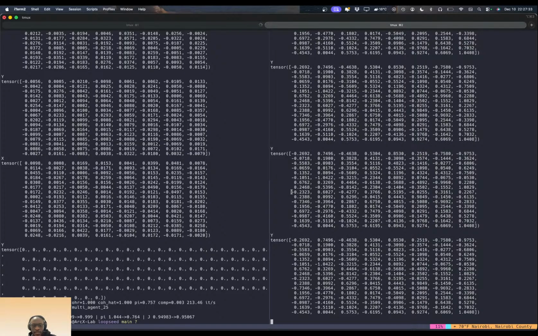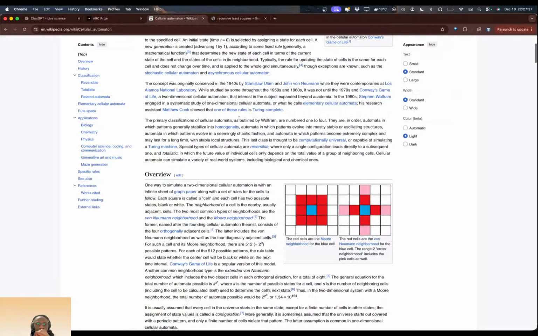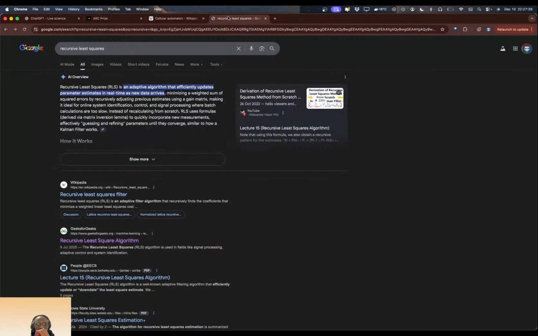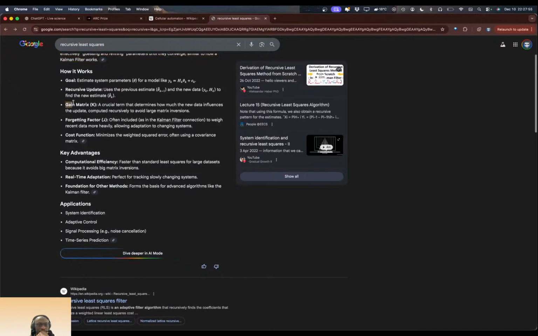As this trains, let's go to CA, recursive adaptive algorithms that effectively update parameter estimates in real time as new data arrives. That's what we're using, I think I mentioned this already.